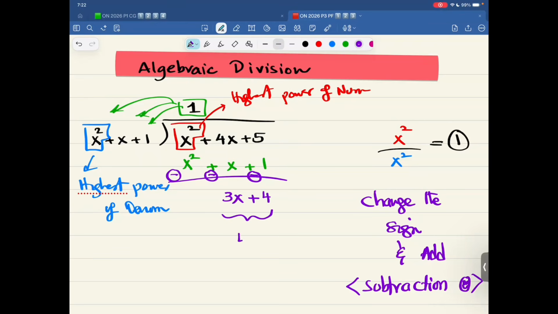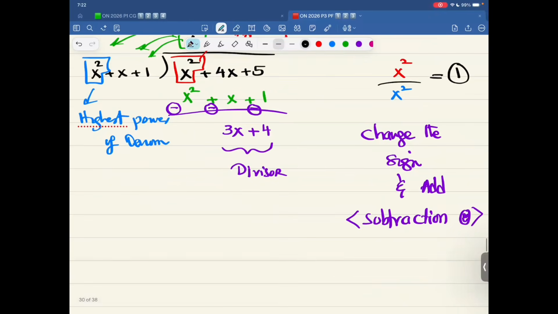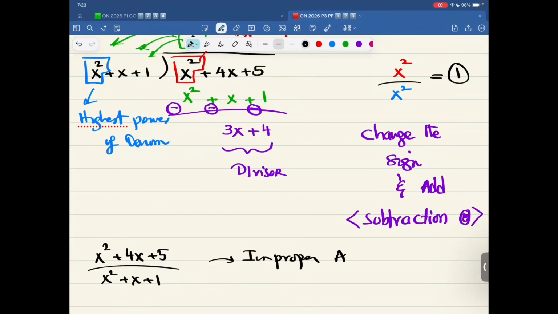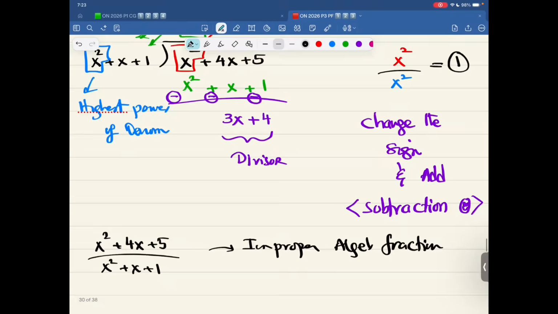This is the divisor. So now this is the quotient. So in other words, x squared plus 4x plus 5 divided by x squared plus x plus 1 is an improper algebraic fraction. Why is it improper?